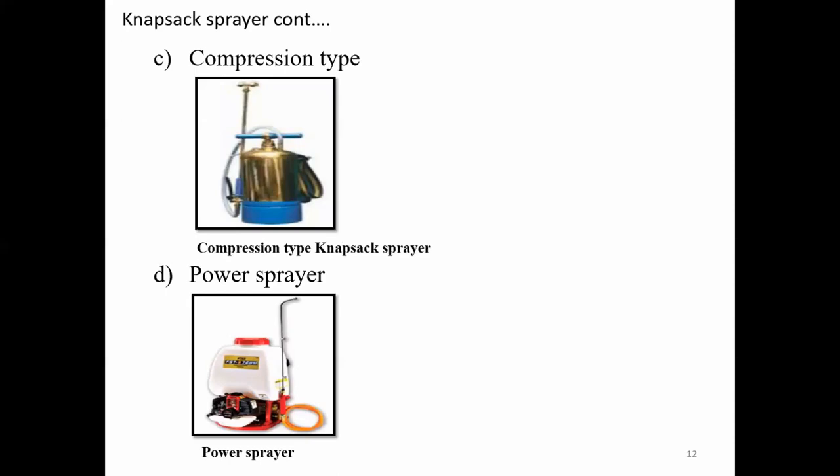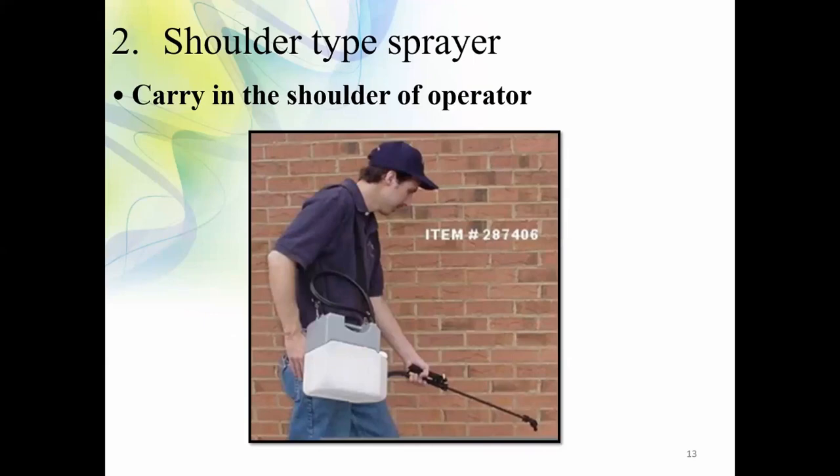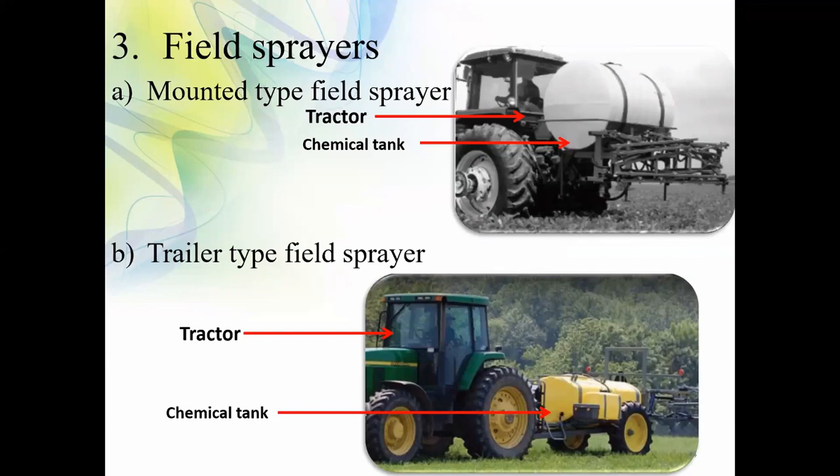The third one is compression type, and the fourth one is power sprayer. And this one is the shoulder sprayer, which is carried on the shoulder of the operators. And these are the field sprayers.